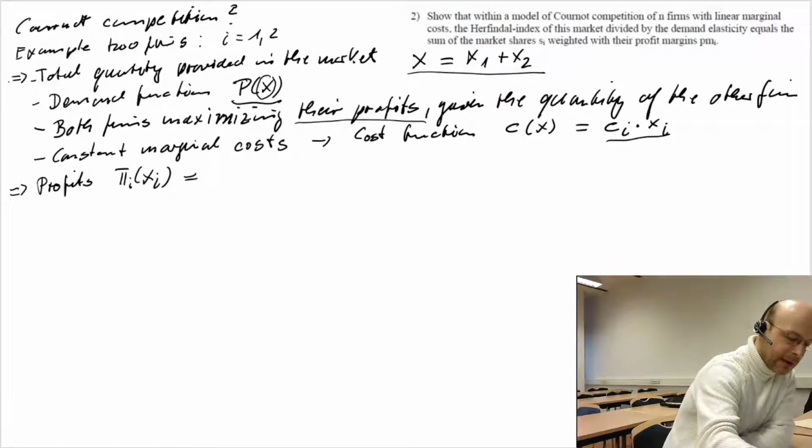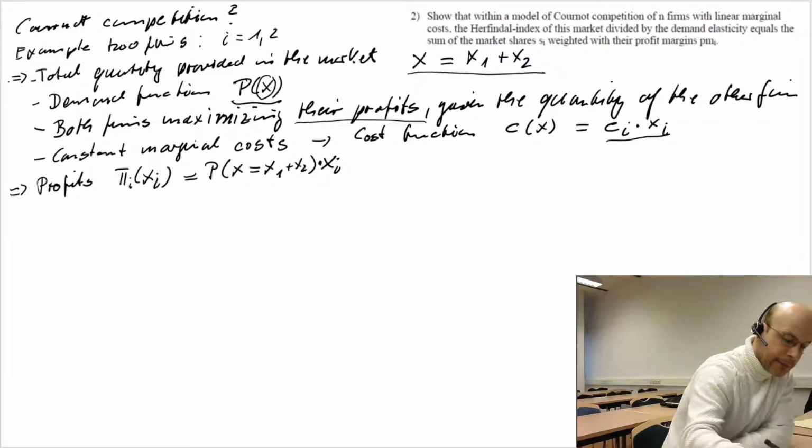So we will have here P of x, and here I write x1 plus x2, times xi minus ci xi.